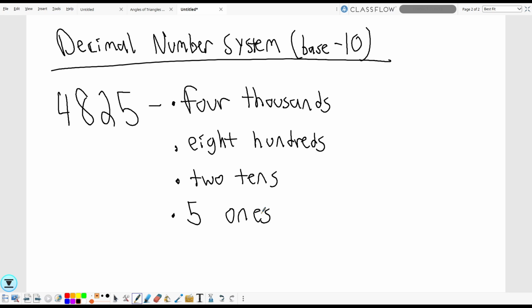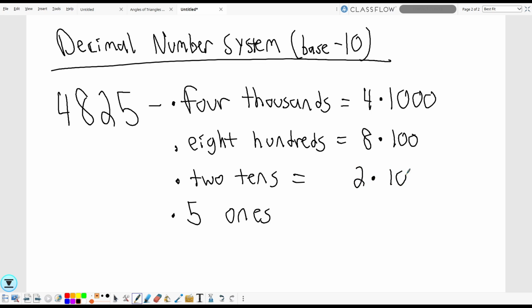And each of these categories is based on a power of 10. So 4 thousands, literally we can just write out as 4 times 1,000. 8 hundreds, we could write this out as 8 times 100. We have 2 tens, so 2 times 10, and 5 ones.